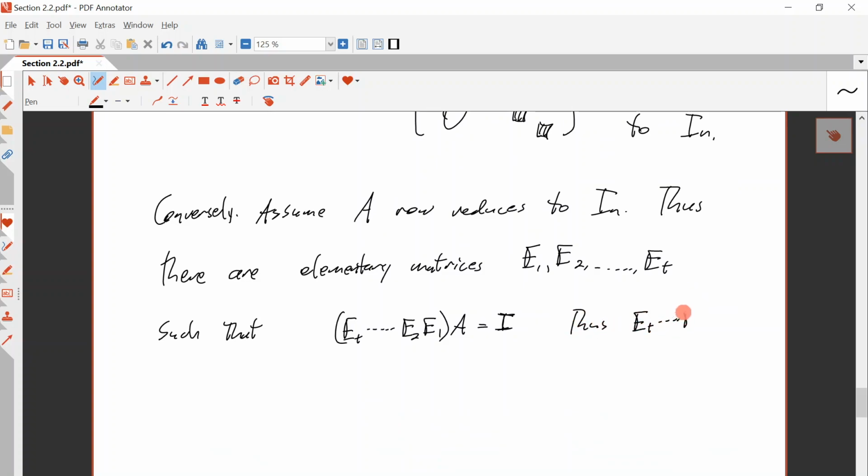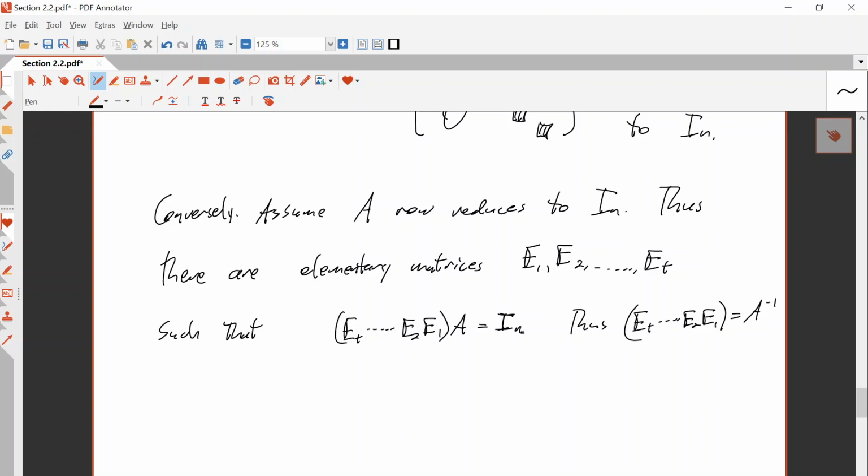Et ... E2 E1 is equal to A inverse, because you're multiplying A by this and getting the identity, In. That's it. Now what about the furthermore part?